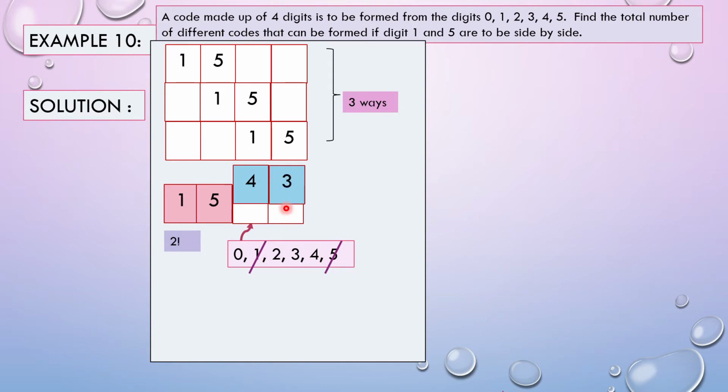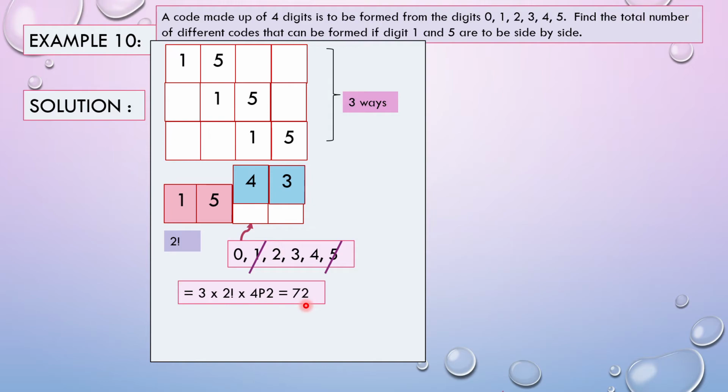So total arrangement will be 3 times 2 factorial, in order to arrange the digits 1 and 5, and then 4P2, or 4 times 3. 4P2, why? Because we have 4 digits left, we want to arrange only 2. So multiply all this, you'll get 72.